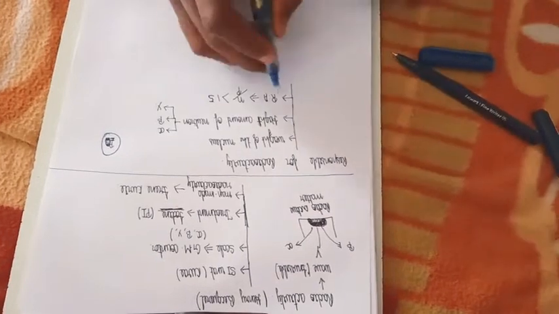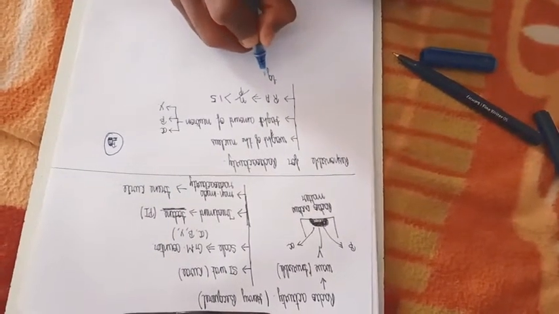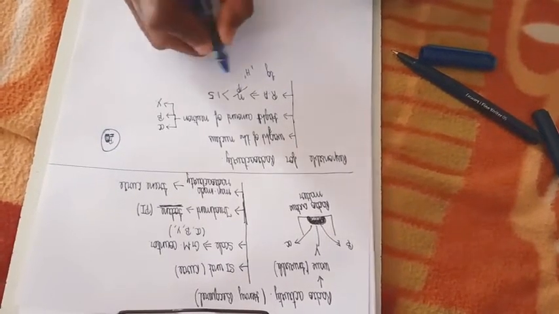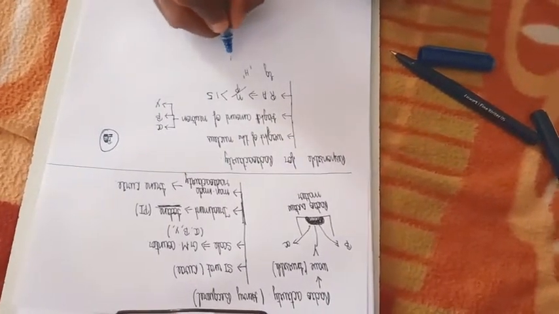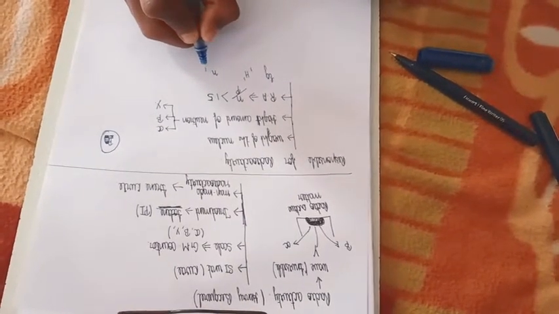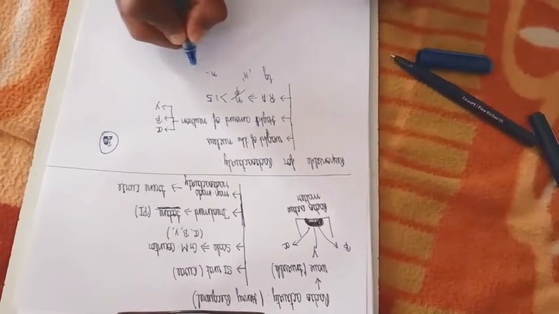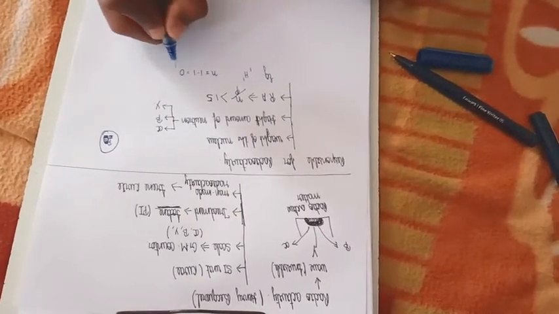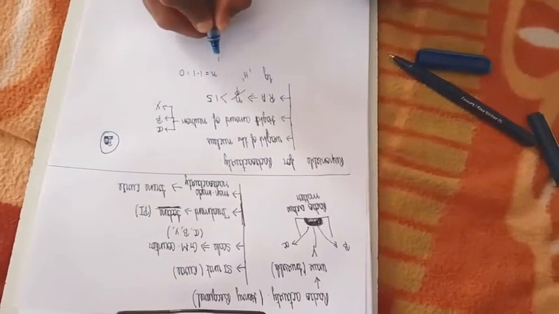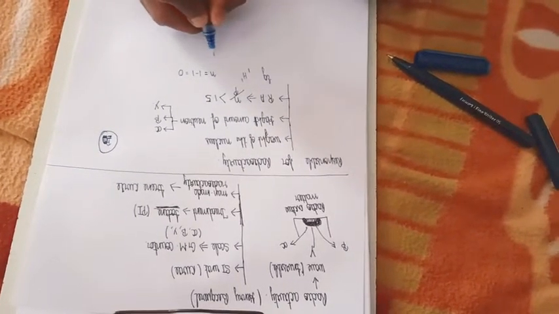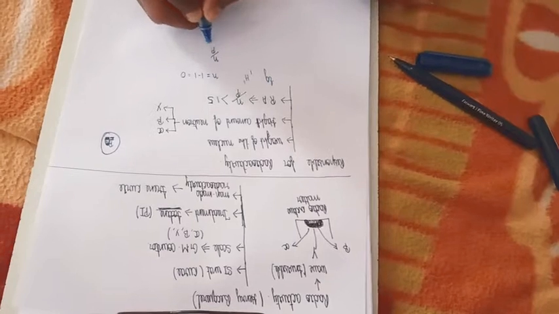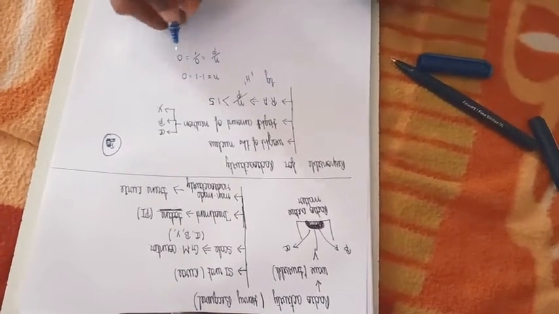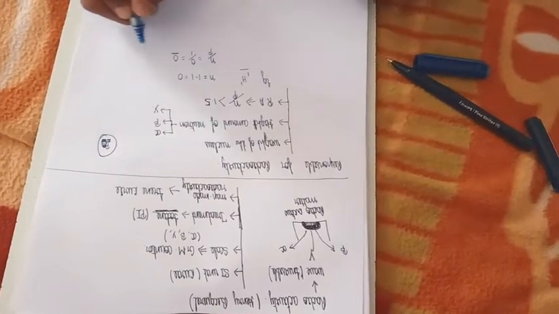Let's take an example, 1H1. To calculate neutron, 1 minus 1 equals 0, and proton is 1. Then N by P is 0 by 1, so 0. Then hydrogen is not a radioactive element.